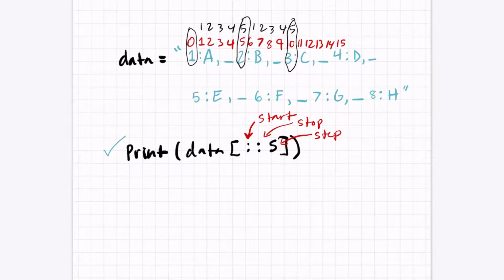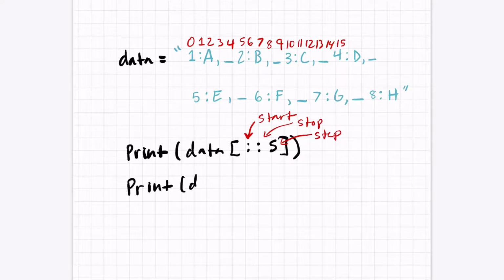The next one we have is print data 1:5. Let me undo some of that, so that we can have a fresh start at the next one. Okay, so what this is saying is you're going to go from 1 to 5, but you're going up to 5, but not including 5.